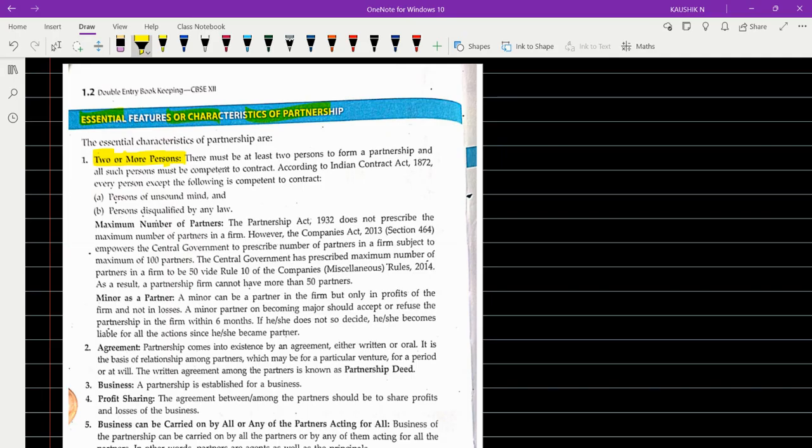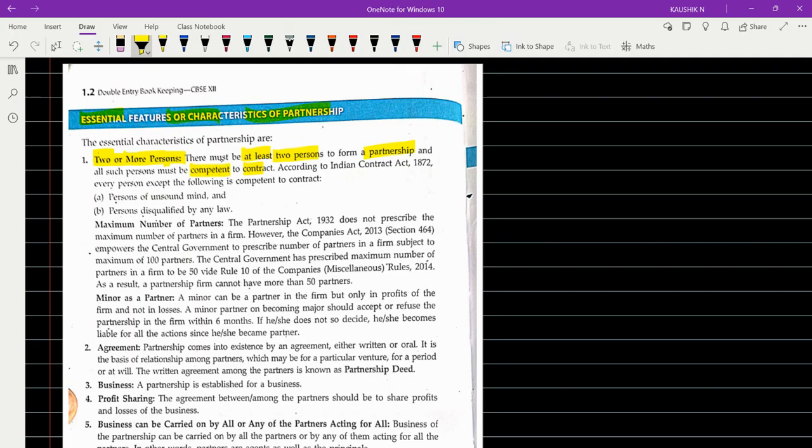Here you could see there must be at least how many persons? Two persons to form a partnership, and all such persons must be competent to contract. That means they must have a sound mind.